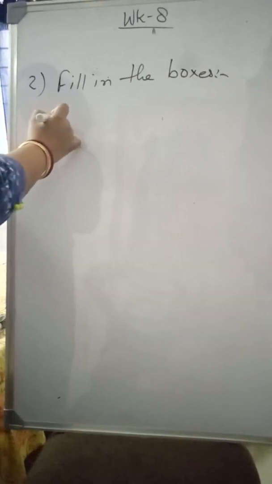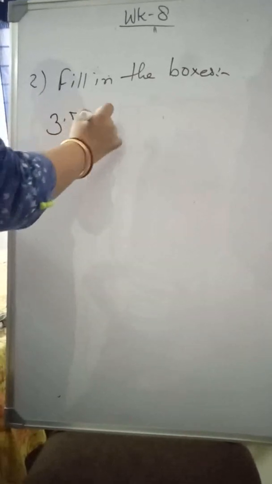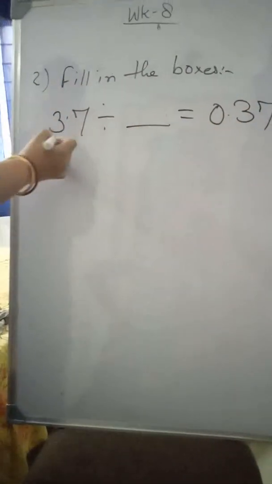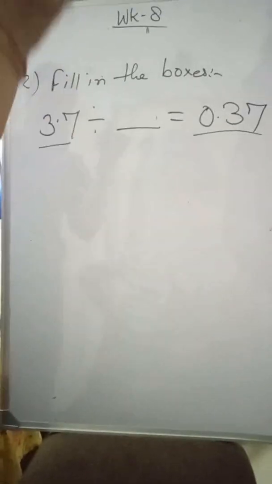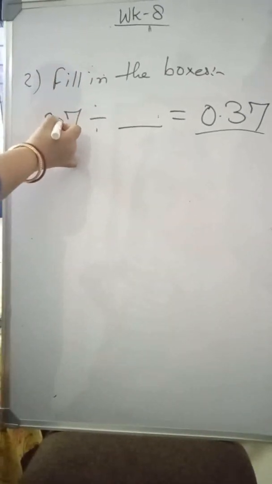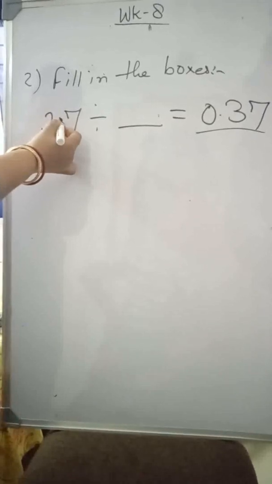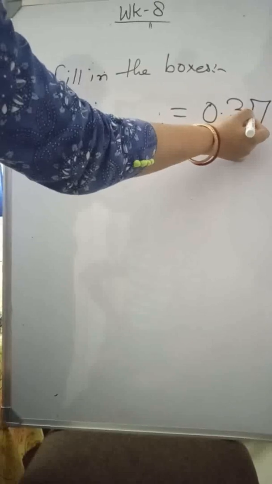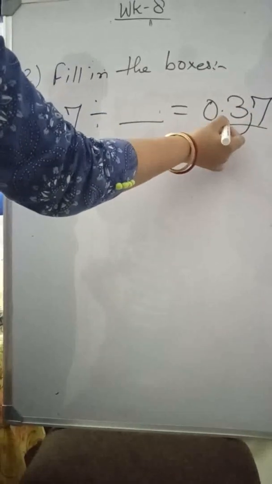So for example, 3.7 divided by what? It is 0.37. All of you see, this is the dividend and this is the quotient. Please pay attention over here. In the dividend, the decimal is at this place. But in the quotient, the decimal changes its place, it jumps one digit.